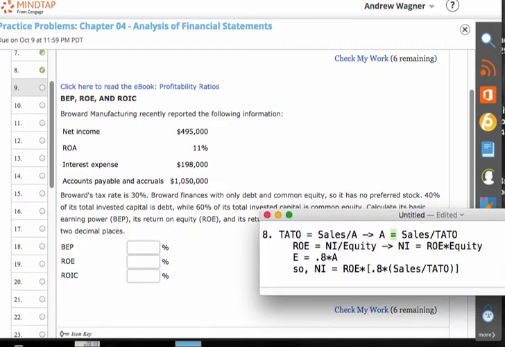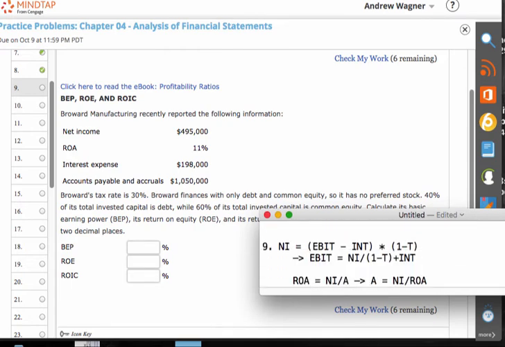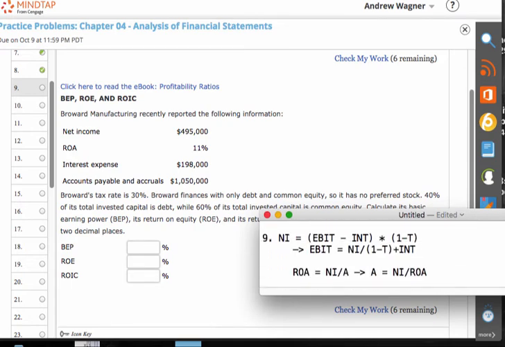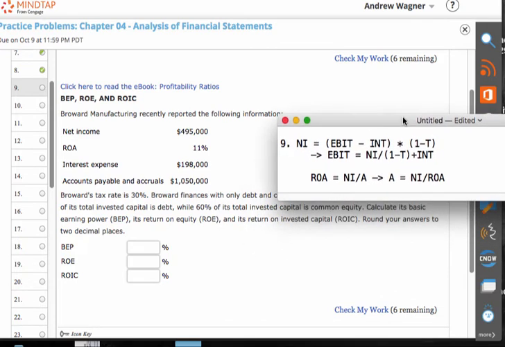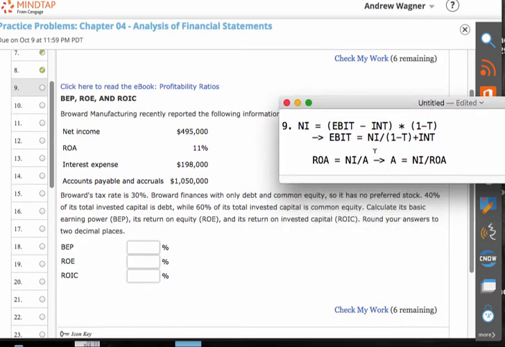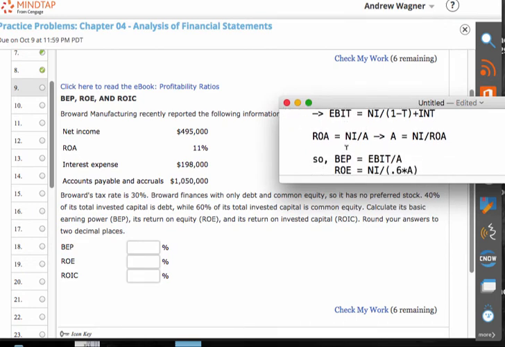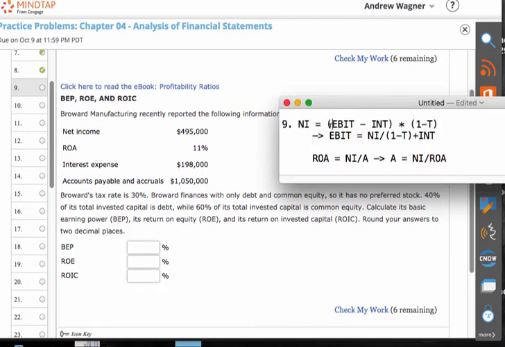So we first want the basic earning power. We know that basic earning power is defined as operating income over assets. So we need EBIT over assets. A is for assets. So first we need EBIT, and I'm using the income statement equation.